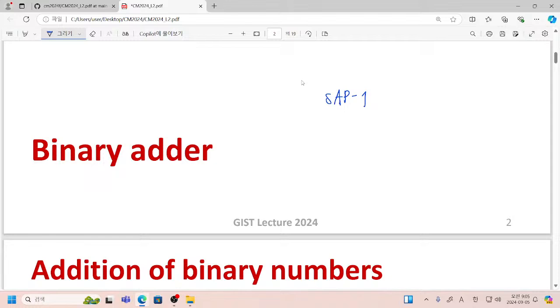Among them, one of the most important is of course the binary adder and subtractor. But an adder can also act as a subtractor with a minimal modification. So today I wanted to start from this binary adder.